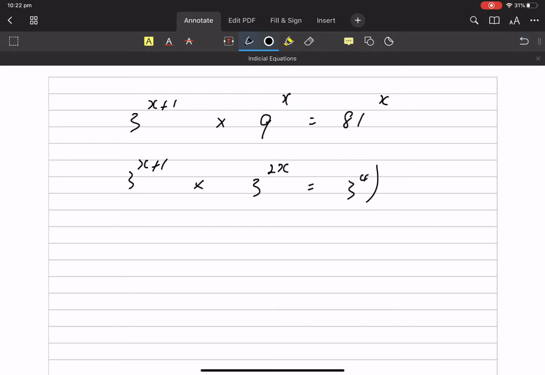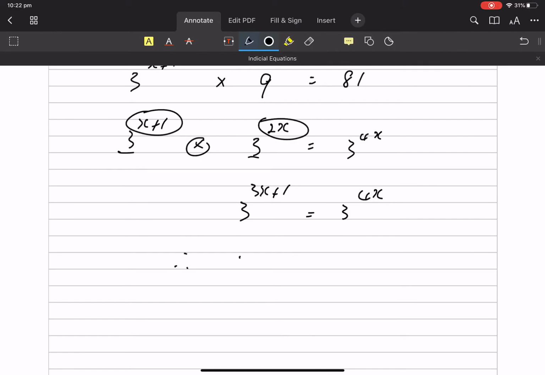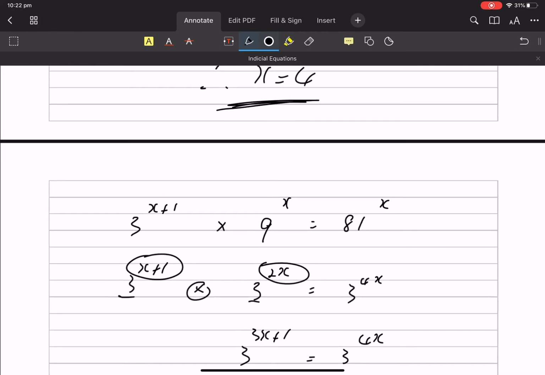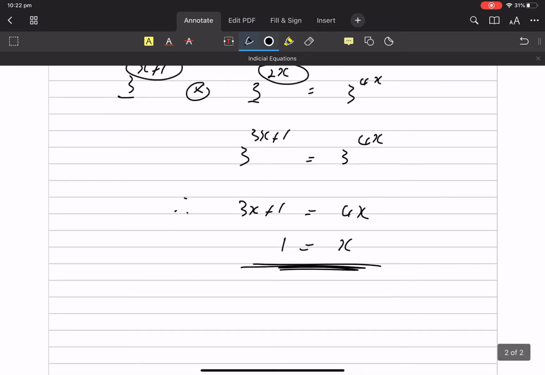But let's just multiply that and go. We are multiplying like bases, so we add the powers. X plus 1 plus 2x is 3x plus 1. So therefore we go clearly, and x equals 1. So not really all that hard. Get into some practice.